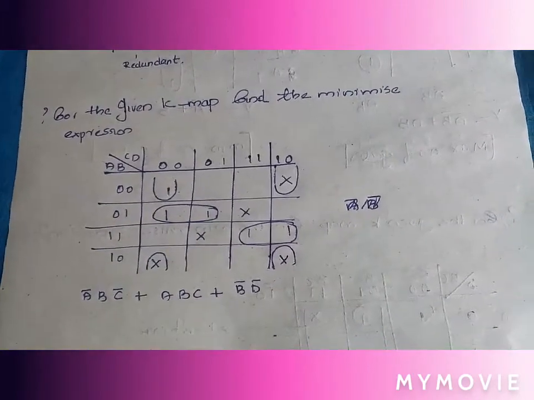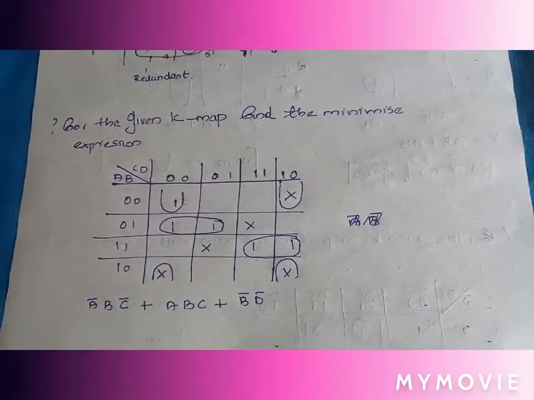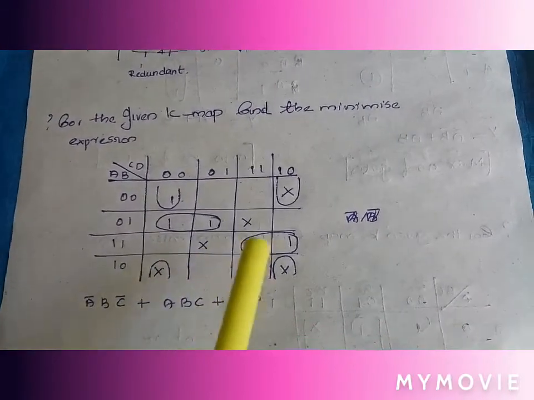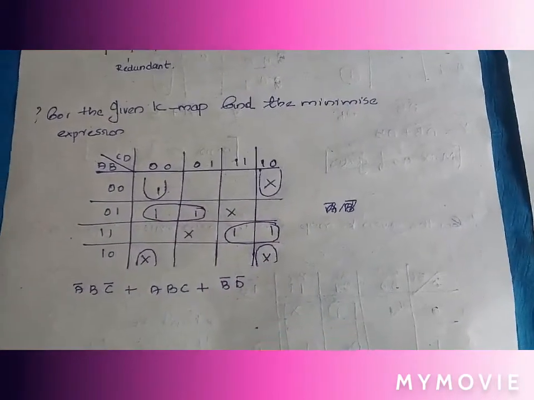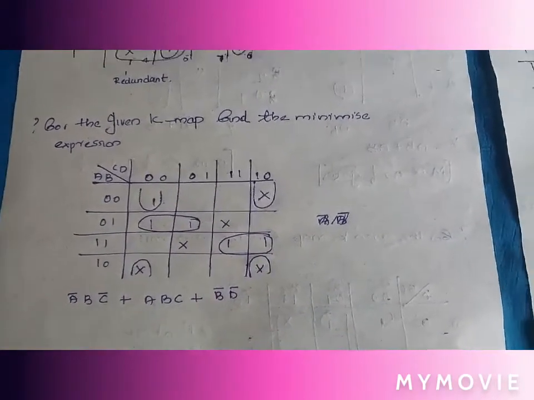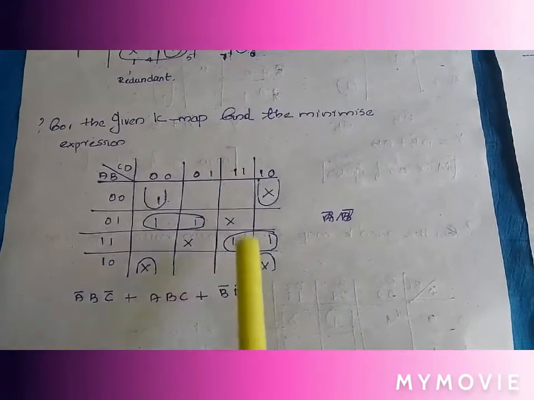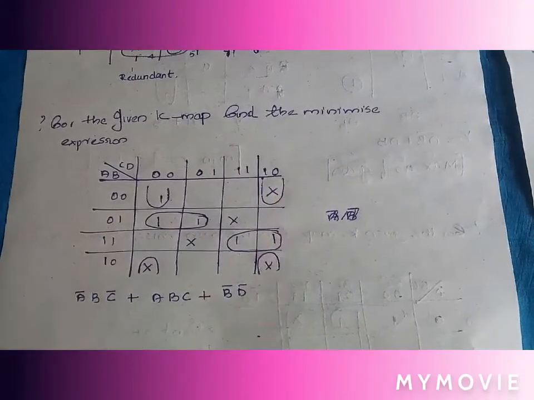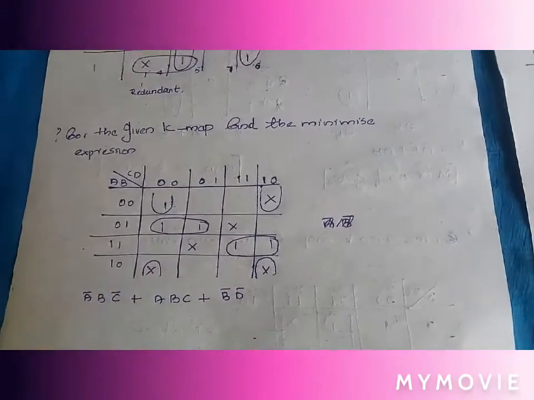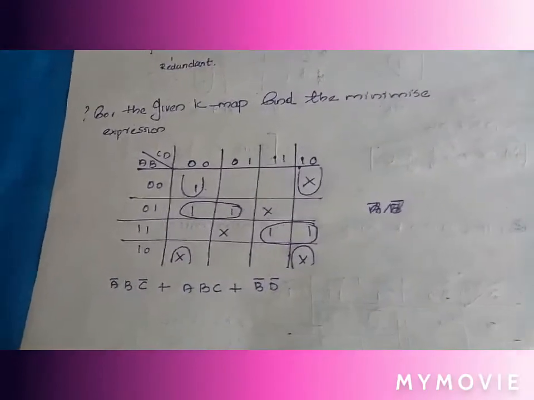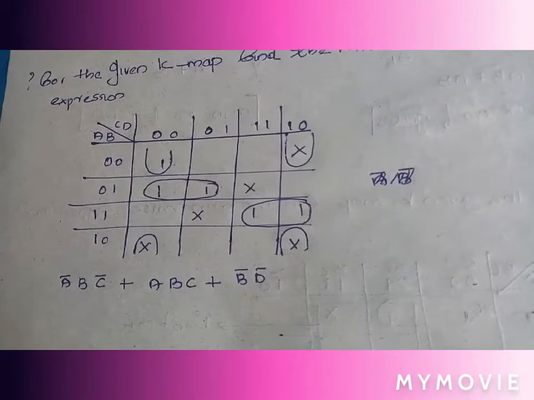For this K-map, we neglect two don't care conditions, we didn't want them, and only use three don't care conditions for this grouping. We know that the don't care condition is used to enlarge the group and simplify the answer.